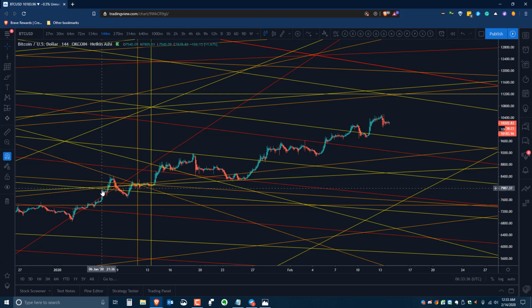Came through, tapped on this, didn't break through, came across, didn't break through, came up, broke through all of this resistance right here, touched, but didn't close above. That's what you're looking for, a close above for continuation. If it doesn't happen, we're going back down.